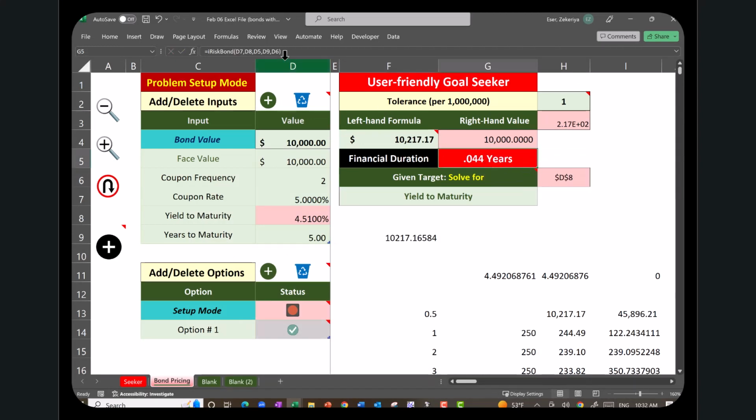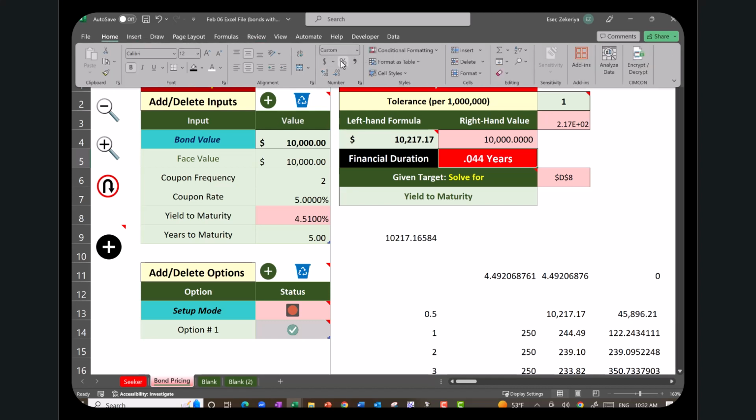In this case, I'm going to go to formats. Where are you? Here. Just going to make that percent.